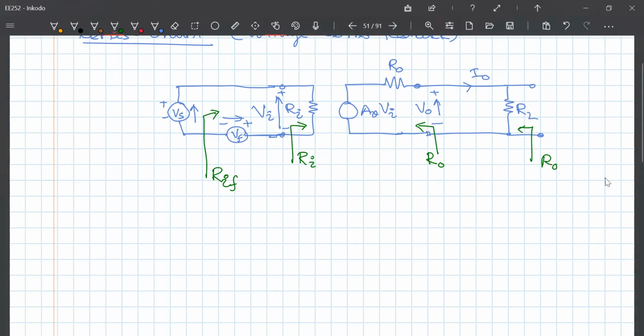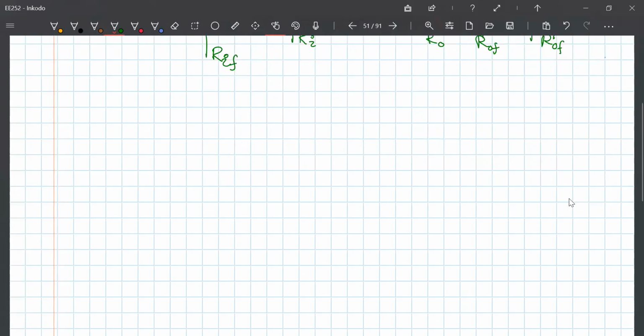Well, in fact, R out with feedback would be here, which will be the same with feedback, but R out with feedback and the effect of the load, when you connect the load, so that there's a current through it, will be like that. So the ROF dash is with the effect of the load. Let me take that also into account. Okay. So first let's look at input impedance with feedback.